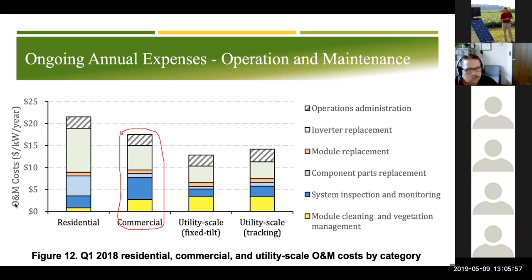I've traditionally used $15 per kW for a lot of the modeling that I do. But John and I are always talking about how we can get better and more accurate in our modeling, and one thing I'm starting to question is whether we need to reevaluate how we model this, based on how much of that O&M is inverter replacement. We'll talk a little more about how we might do that better.